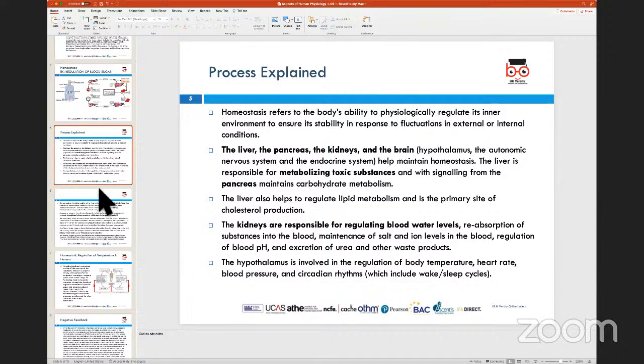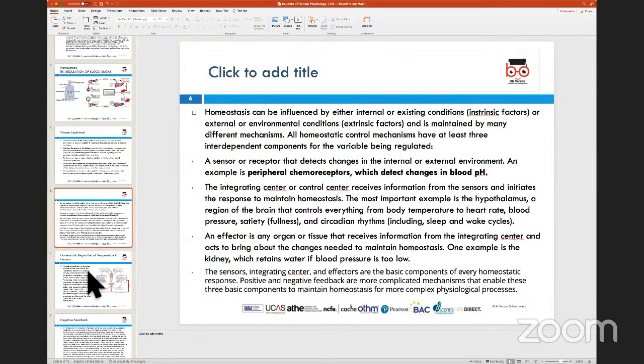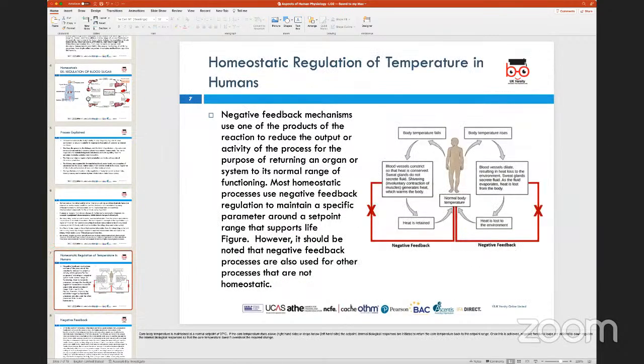Now, when we look at this process of homeostasis, it creates a positive and a negative response in the body. Sometimes, when you look at the process of homeostasis, what you're going to see is that the homeostasis process would be producing some sort of a response.